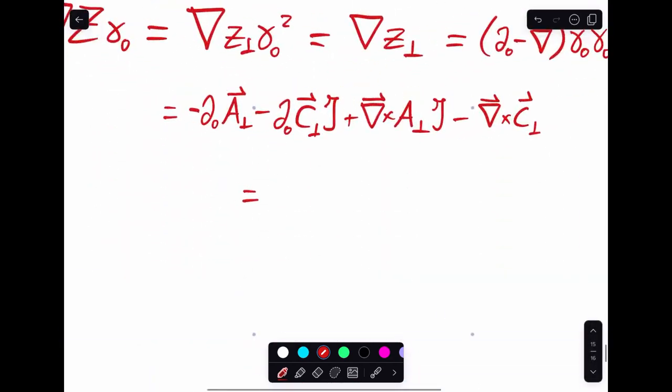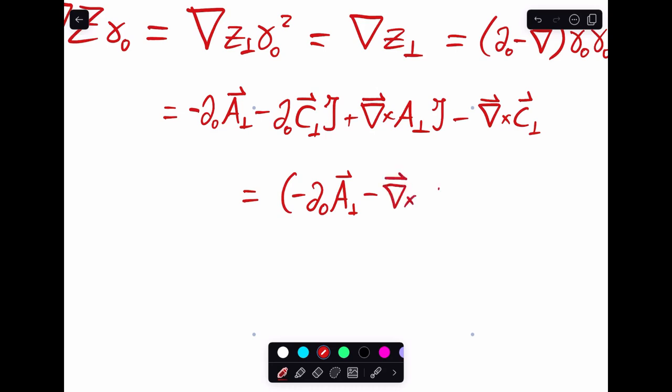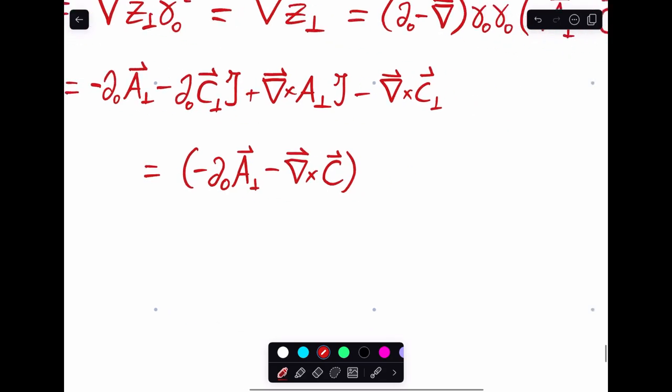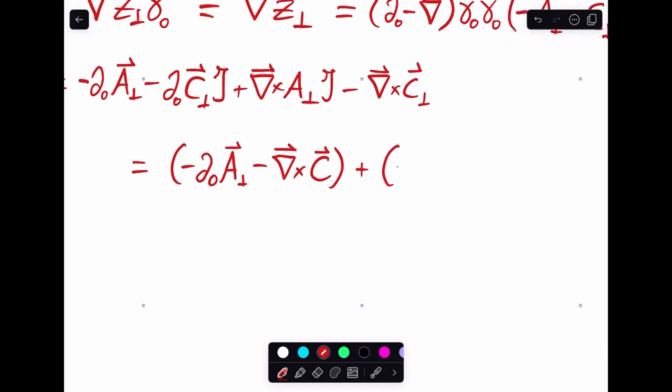We can then say that we have negative partial of A perpendicular minus the curl of C, and then plus minus partial of C perpendicular, or transverse, plus curl of A perpendicular, and then an I right here.